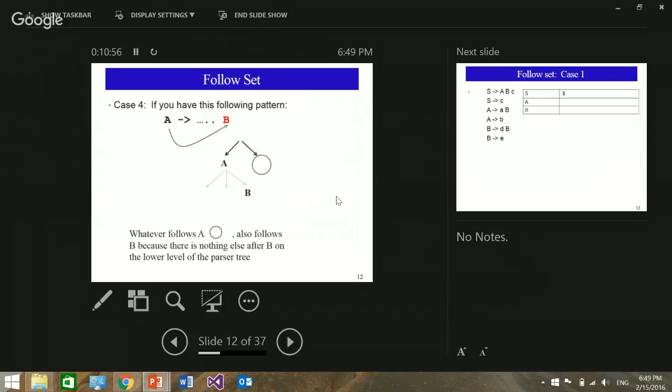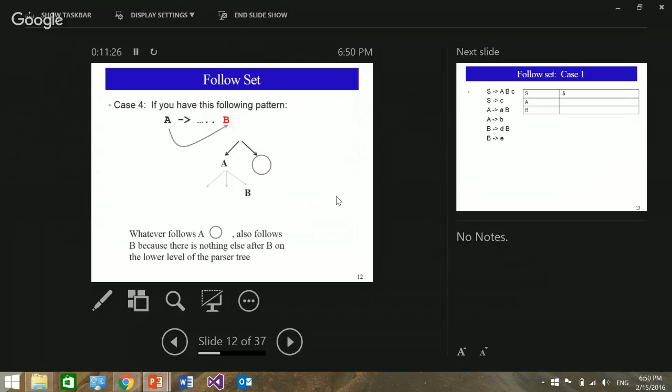What I like to do is draw an arc so you remember. I'm going to compute the follow set, and I usually start by writing it down. I may have some big A's, S, it doesn't matter what I have.